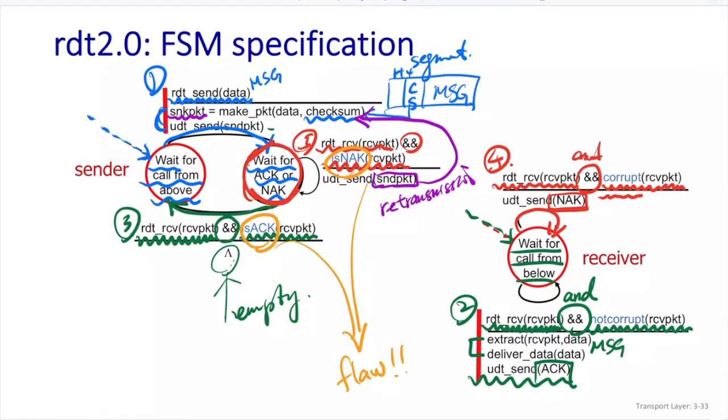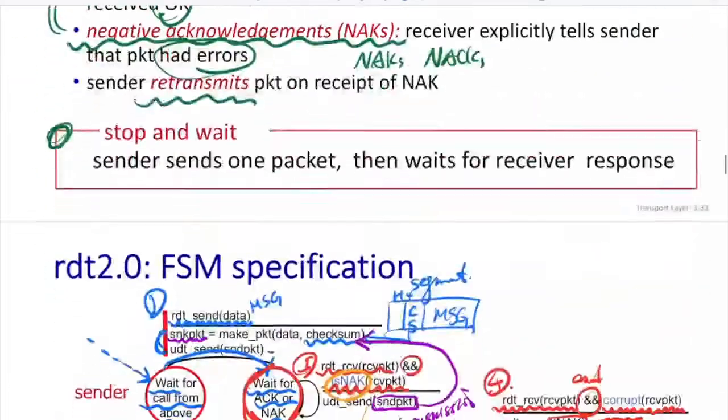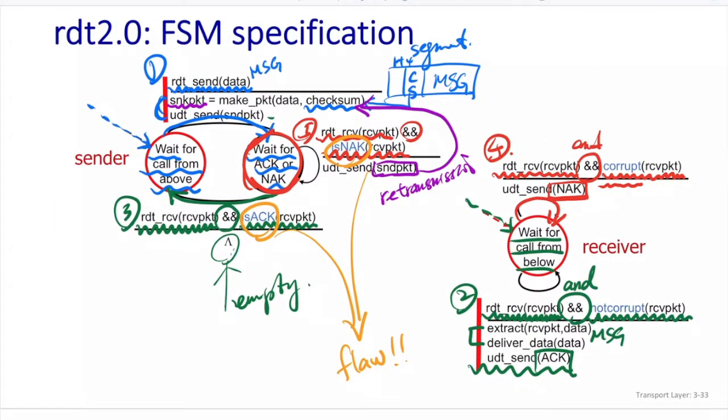So there should be a flag in the packet to indicate it is a NAK or an ACK. But right here, the assumption is that the channel might have bit errors. So there's one situation not considered in this RDT 2.0: when the sender receives the packet from the receiver and opens the packet and tries to parse it to see if it is a NAK as in step number 5 or an ACK as in step number 3.